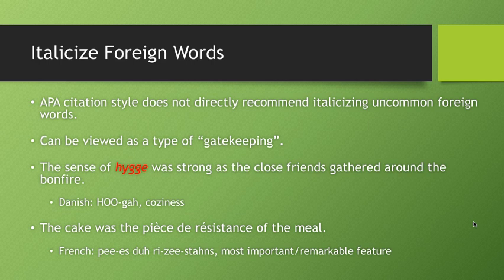To say the cake was the pièce de résistance of the meal, meaning it was the most important or remarkable feature of the meal. We use that so often, and so many people know what it means or roughly know what it means, that you would not italicize it, even if you did decide to italicize foreign words.